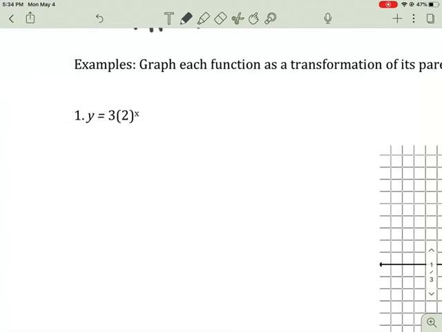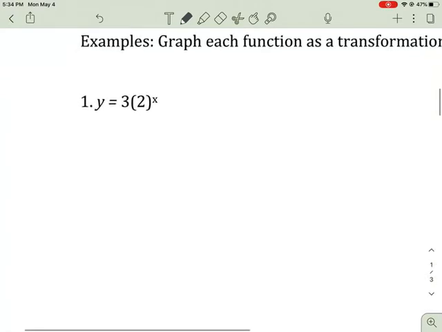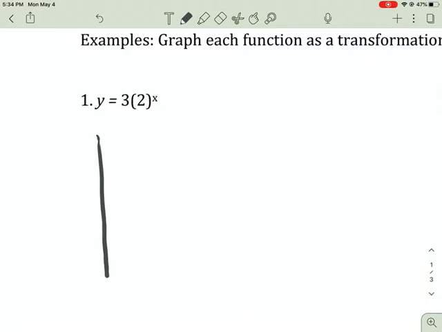All right, so the 3 times 2 to the x. We're going to start with 2 to the x. So let's graph 2 to the x. I'm going to go -1, 0, and 1.